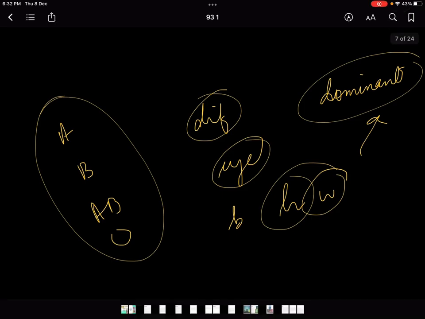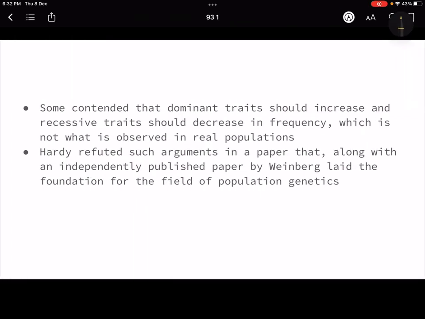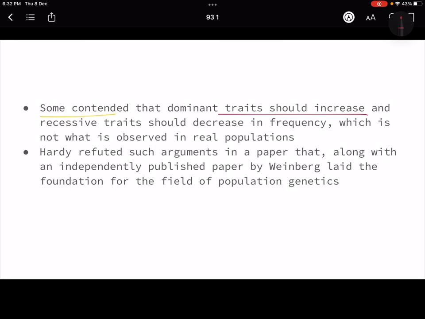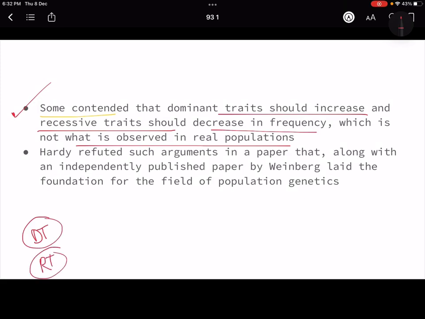So this was the concept. Some contended that dominant traits should increase in the population and recessive traits should decrease in frequency, which is not what was observed in real populations. If Mendel's laws were working the way he was telling, dominant traits should have increased in the long run and recessive traits should have decreased, because we saw the 3:1 ratio.